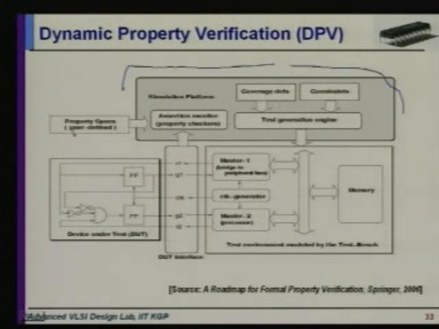I write down the properties in a language, and the language that you saw just now is a logic called temporal logic, but there are nice languages which extend Verilog and VHDL to enable you to write these properties, and then the simulation engine is going to check those properties as the simulation proceeds. So it is going to keep track of when R1 is going high, when R2 is going low, and it is going to check all those properties during the simulation run, right. That is one way of doing it.